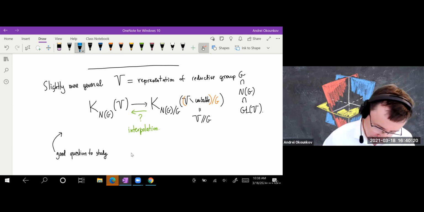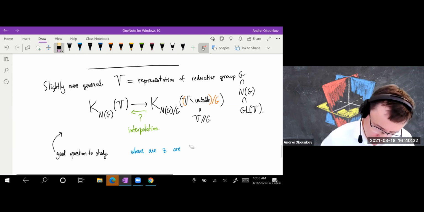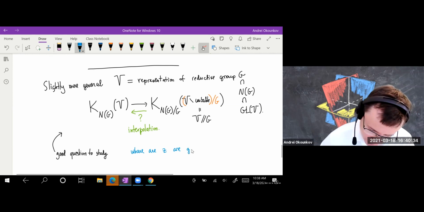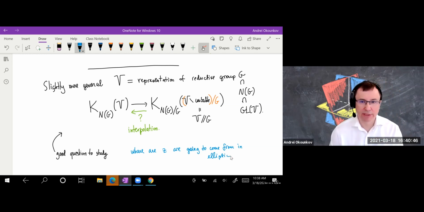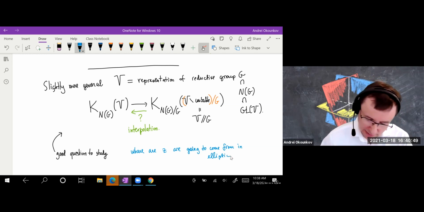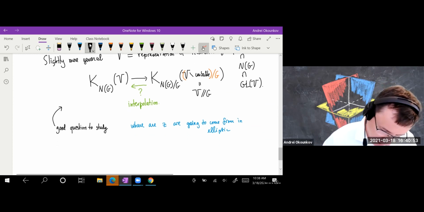And the question is, where are our Z's going to come from? In the elliptic situation, which is the situation that interests us most, we need some kind of Z, and Z will have to come from Pic.